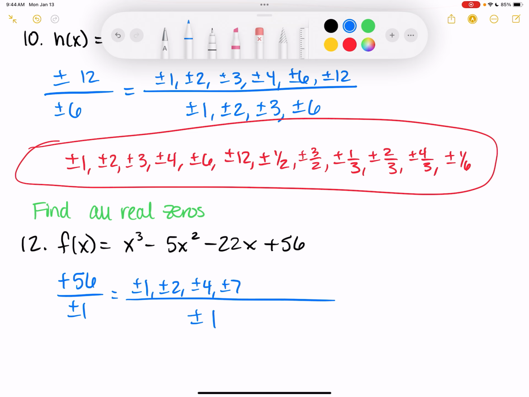Once you know the middle term, so 7 and 8 multiply each other, that means whatever's next has to go with 4. 14, 28, 56.